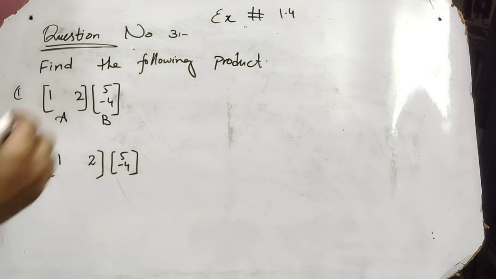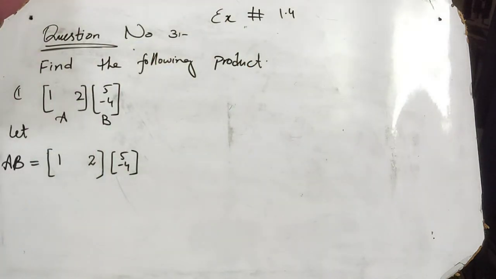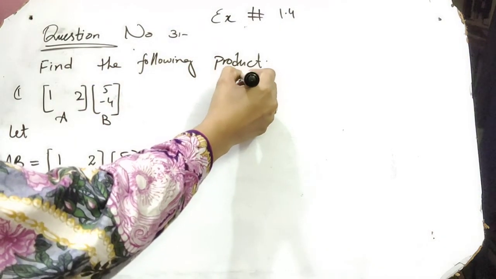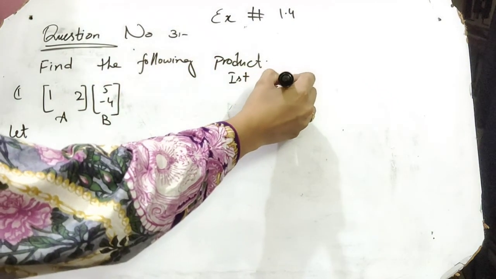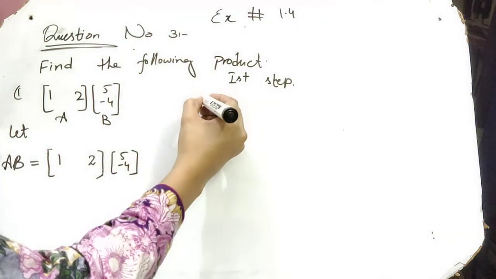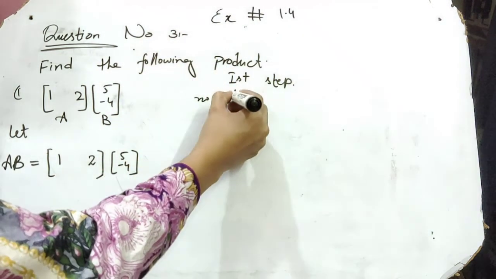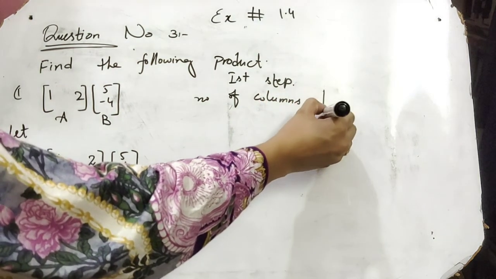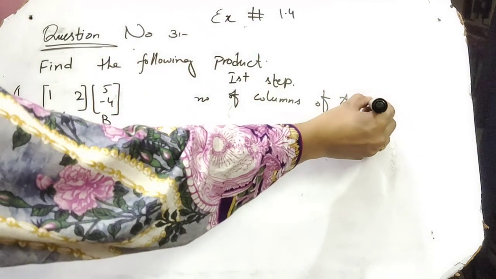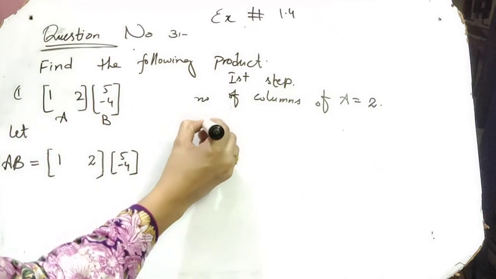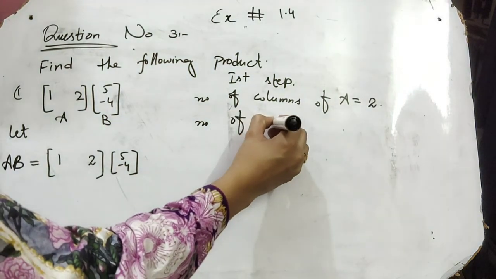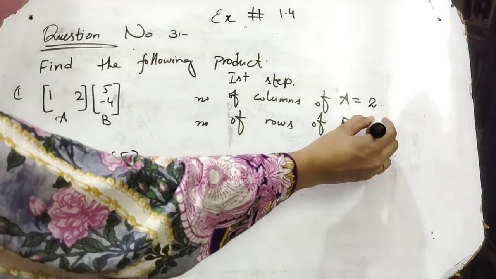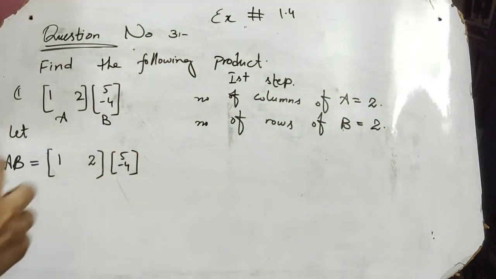But remember that the first step is the number of columns of A is equal to 2 and the number of rows of B is equal to 2. So the product can be done.